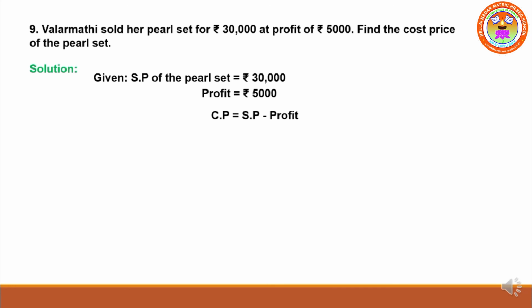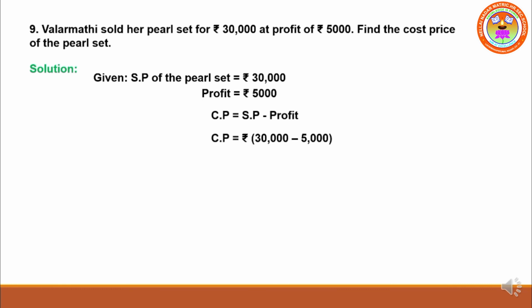Here I have just interchanged the values profit and CP. Okay. In the previous sum also we use the same formula. What is the formula? Profit is equal to SP minus CP. Yes. So here I have just interchanged the values of profit and CP. So here you get the formula as CP is equal to SP minus profit. Yes. Now substituting the values of SP and profit.